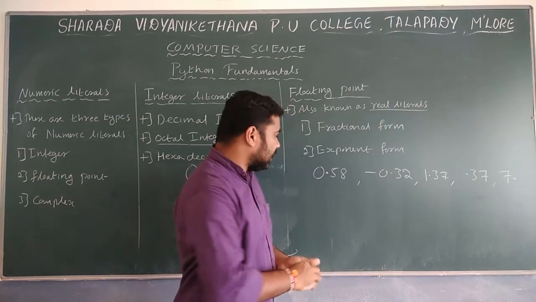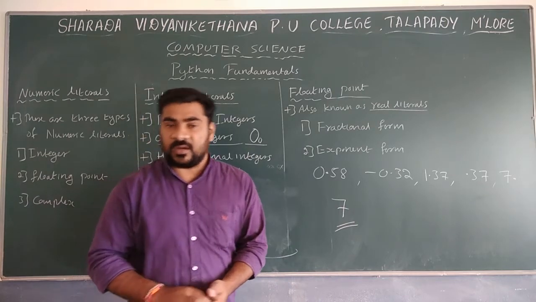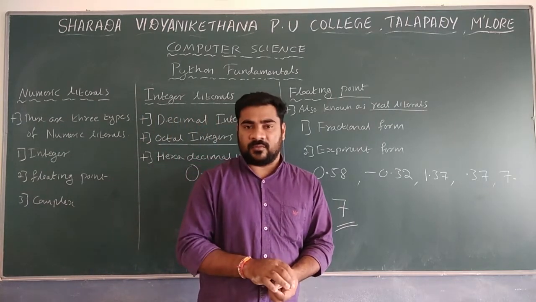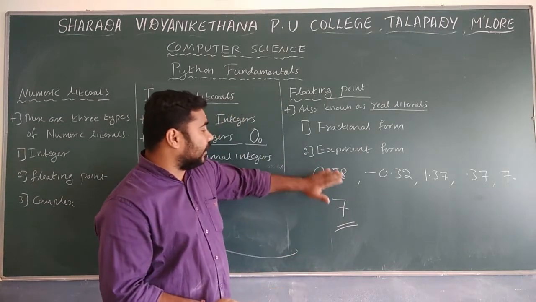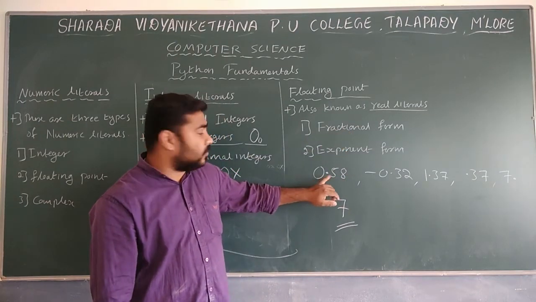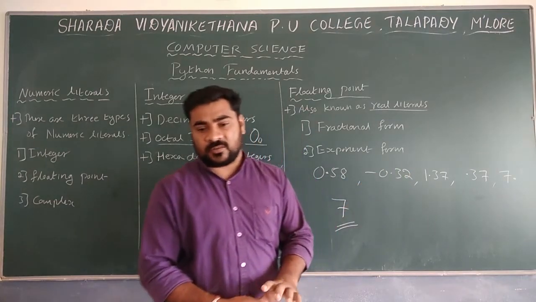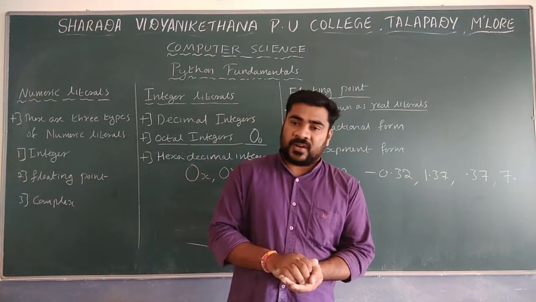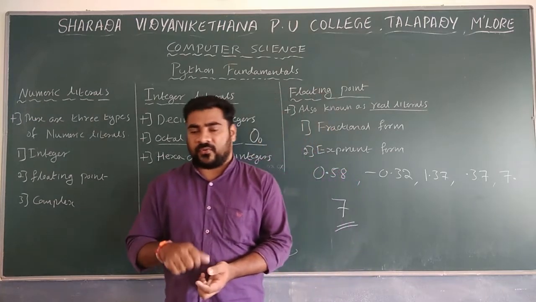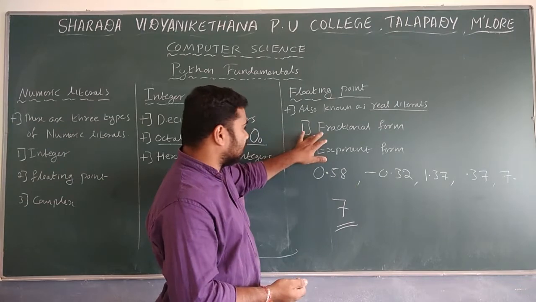Some cases of this are not right: if you give only 7, that is not a float. So these are the different types of fractional form. Both negative and positive fractional numbers can be represented in fractional form.